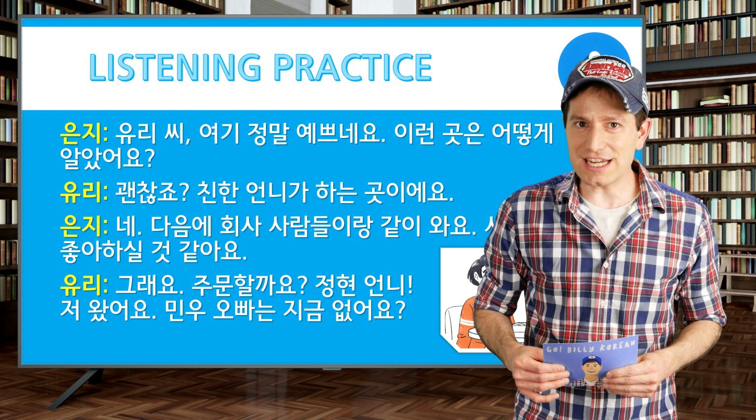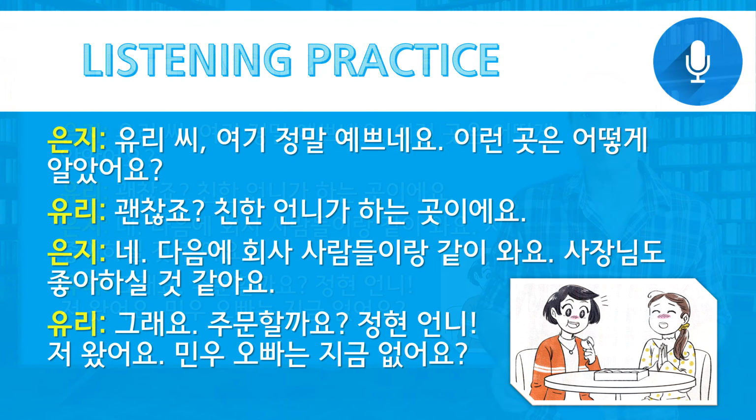This is a conversation example between two coworkers. Here, the two coworkers are sitting down for lunch. First, 은지 says, 유리 씨, 여기 정말 예쁘네요. Yuri, this place is really pretty. 이런 곳은 어떻게 알았어요?